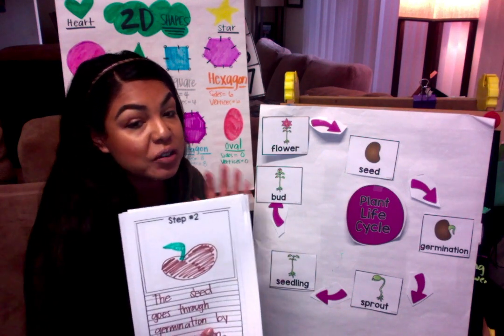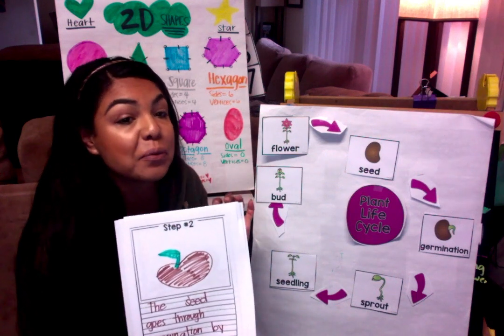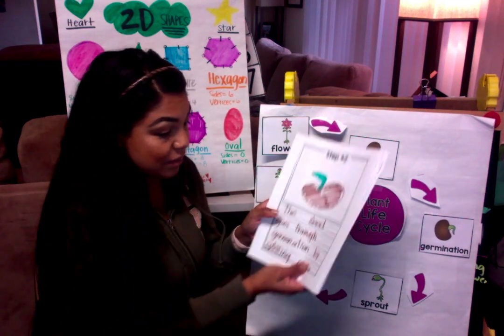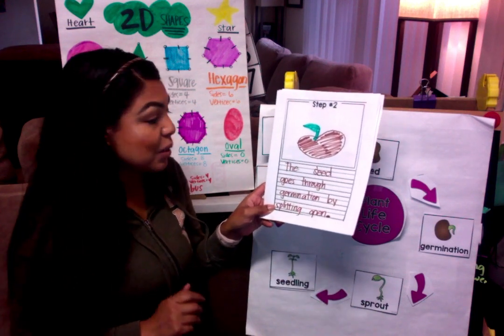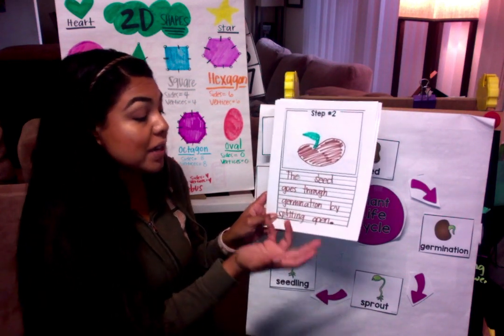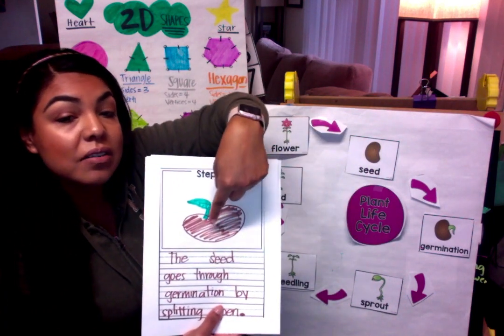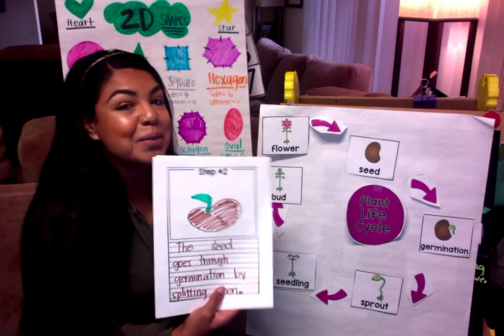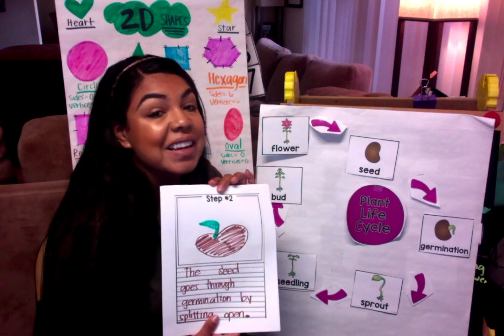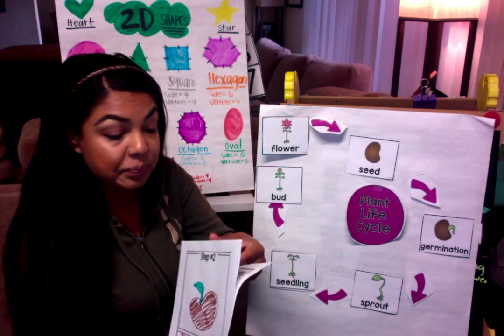And we know that during germination, there's a tiny little crack in the seed, right? A crack, or it begins to split open, right? So Missy wrote the seed goes through germination by splitting open. So you see that little tiny split right there. Okay, and something's starting to poke out. Germination, okay? Step number 3.